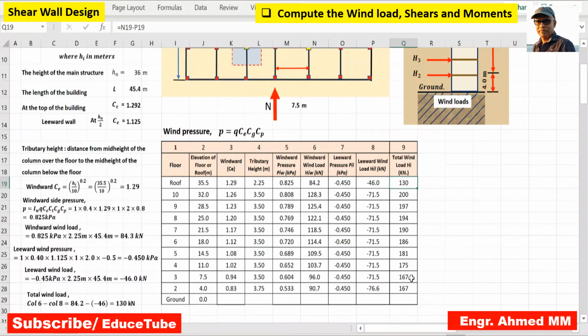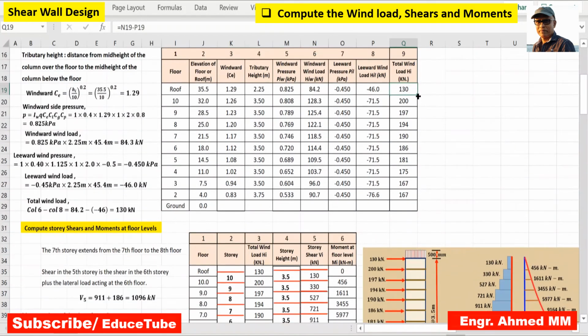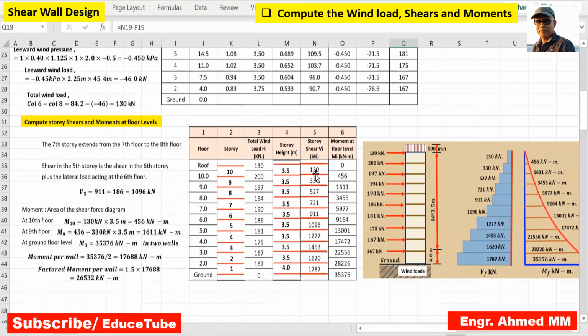So this wind load value we'll bring here in this table. Why? To compute story shears and moments at floor levels. So how to do that?